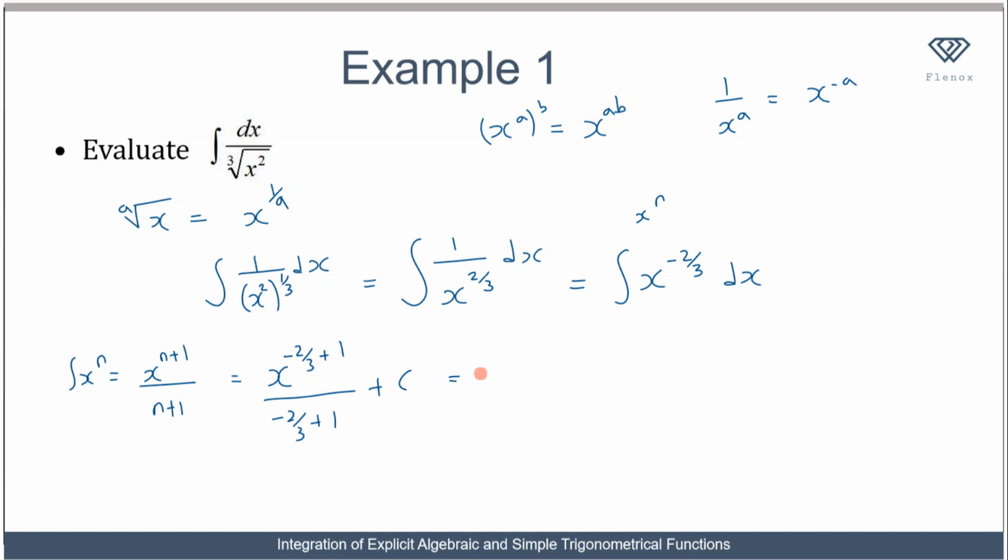And what would that give me? That becomes x to the power of 1 over 3 over 1 over 3 plus c. And when you simplify further, this becomes what? 3x raised to 1 over 3 plus my constant of integration c. Pretty straightforward, right? So let's move on to the next example.